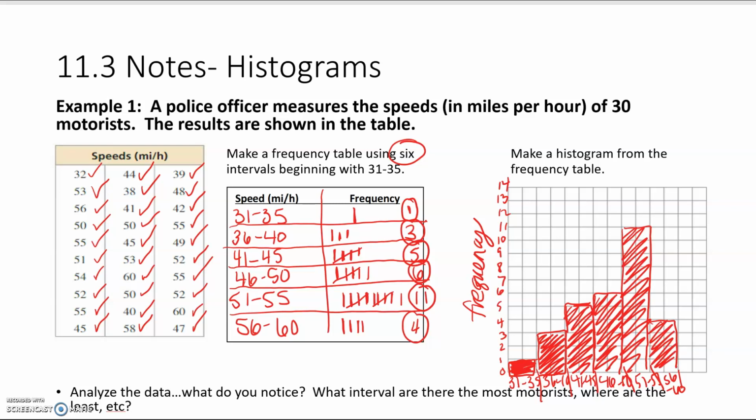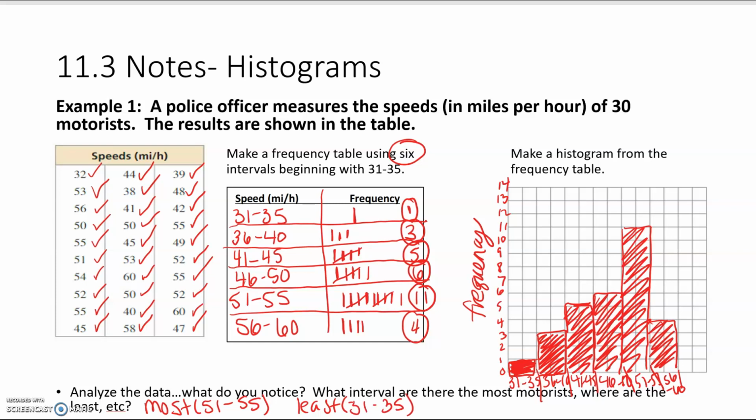And then at the bottom it says analyze the data. What do you notice? In what interval are there the most motorists and where are there the least? Our most motorists is between 51 and 55. Our least is between 31 and 35.